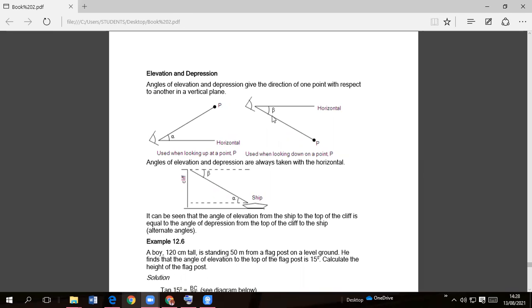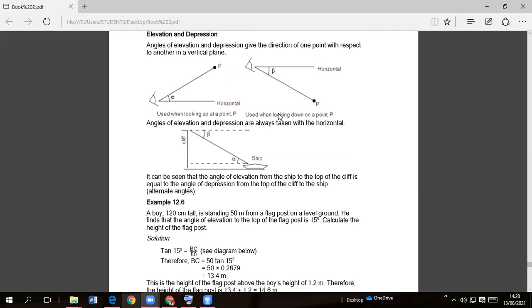That angle at which you are looking at something from the top to the bottom is what we call the angle of depression, and it is also measured from the horizontal. That angle is this letter, beta.